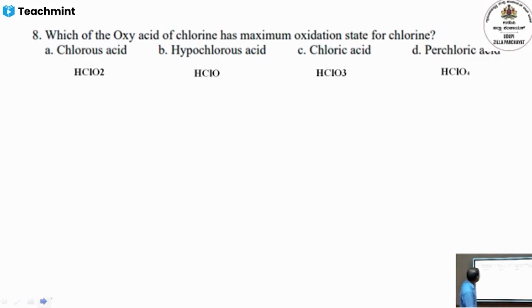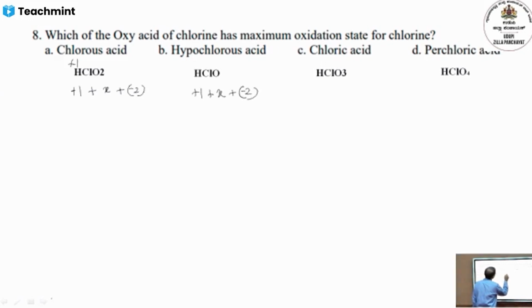HClO2: H is +1, and oxygen is -2, so it is +1 plus X plus 2 into -2. Therefore, what is the oxidation state of chlorine? We can calculate here. And similarly, here it is +1 plus X plus -2.